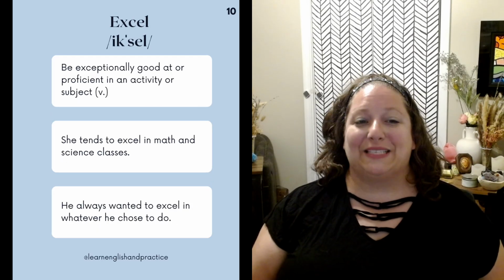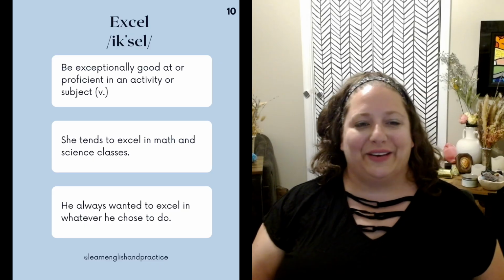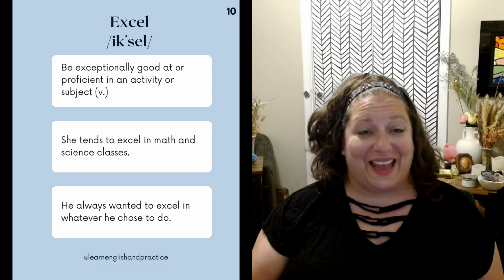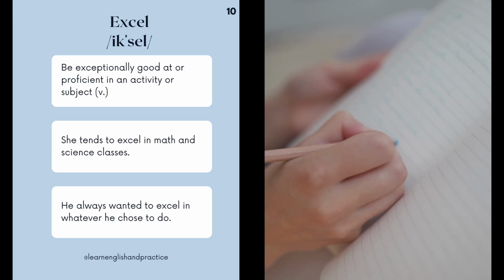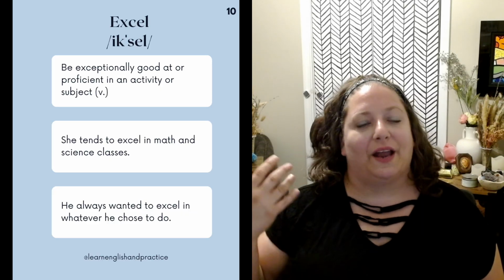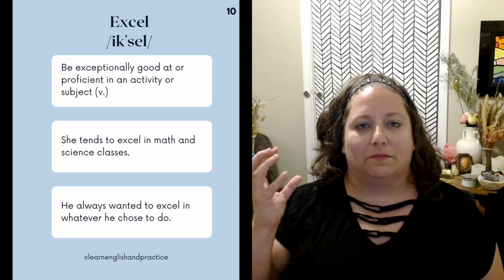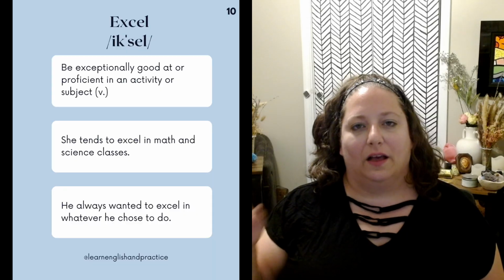Excel. This means be exceptionally good at or proficient in an activity or subject as a verb. So everyone has things that they excel in. I personally excel in writing. I'm very competent at writing and putting together particularly technical documentation and technical writing.